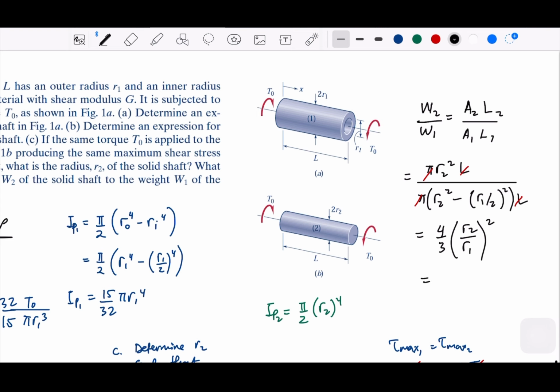That is equal to, so R2 changed to R1, 0.979 squared over 3 over 4, so this will be equal to 1.277. Oh, this is 1, sorry.